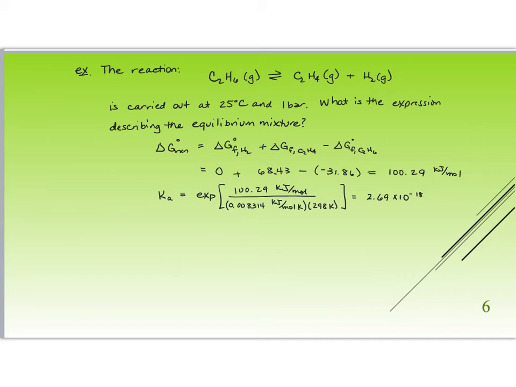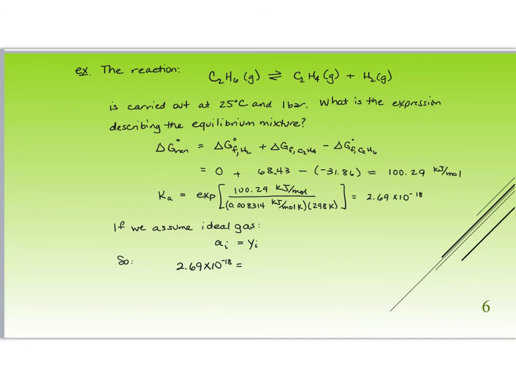Now, let's assume that these molecules at 1 bar are going to be very much an ideal gas. In that case, for activity, I can simply use the mole fraction of the gas phase components.